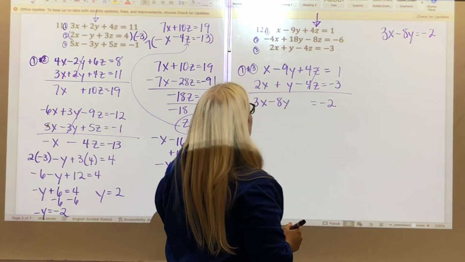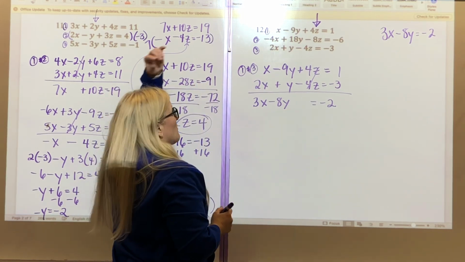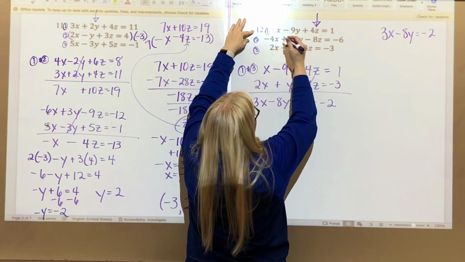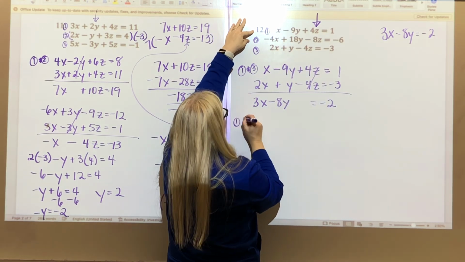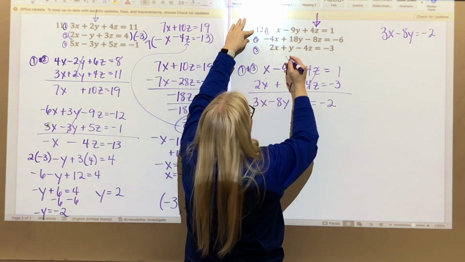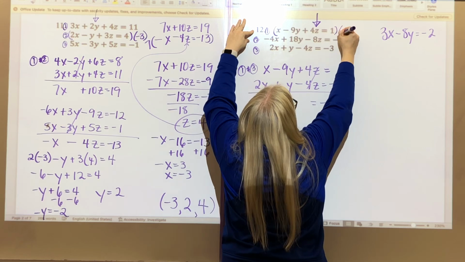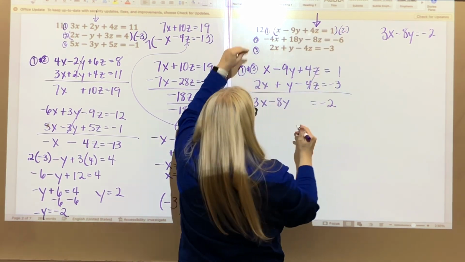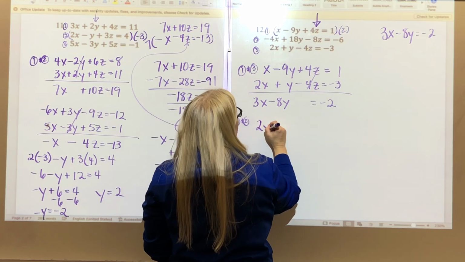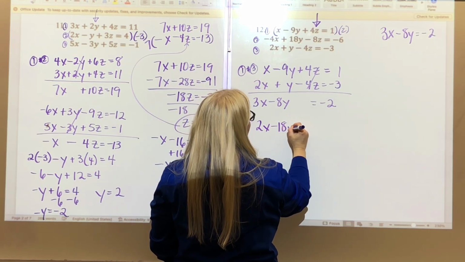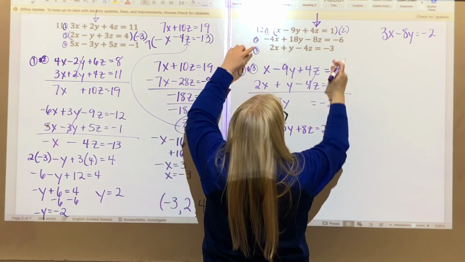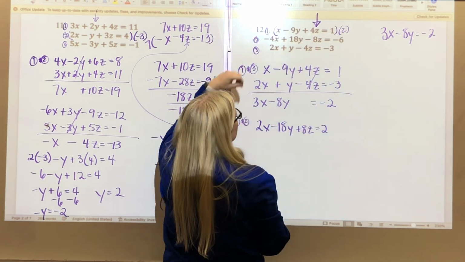Okay. I'm going to do 1 and 2 next because one's positive and one's negative. So if I do 1 and 2, I'm going to multiply through the top one by 2 to get this to cancel. So I get 2x minus 18y plus 8z equals 2. That was me multiplying through all of those.